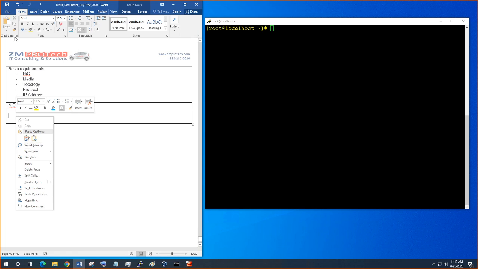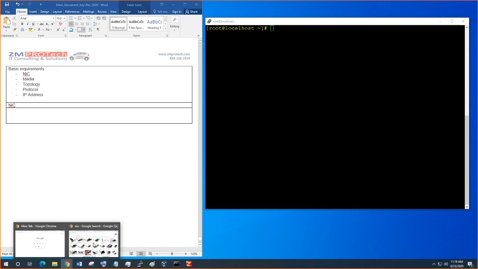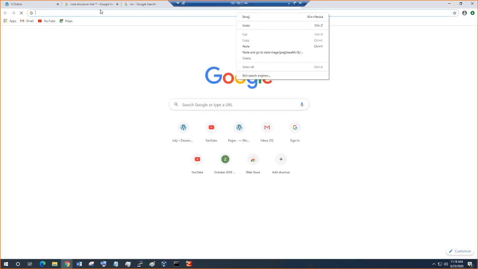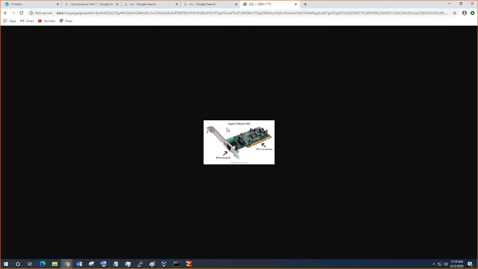Why can't I paste here? Oh, come on. Copy image.